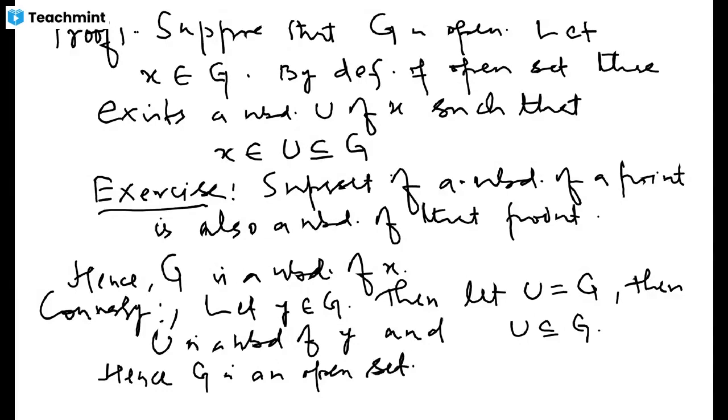Okay, this is equivalent. So you have two definitions of open sets now. But another thing, the complement of an open set is an interesting thing also, and that's why we define it.